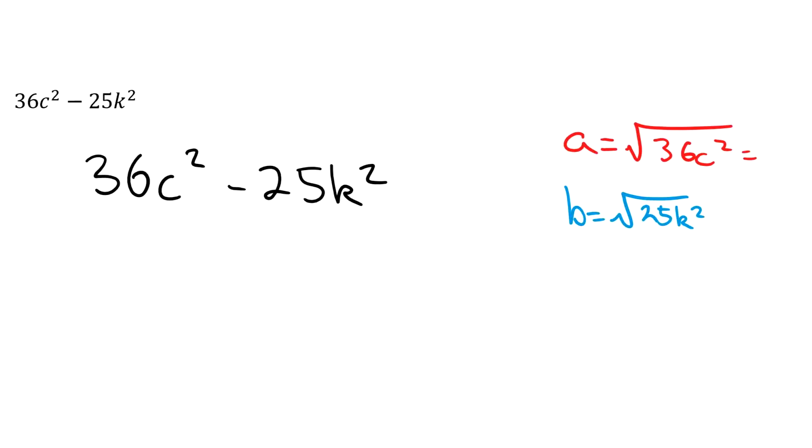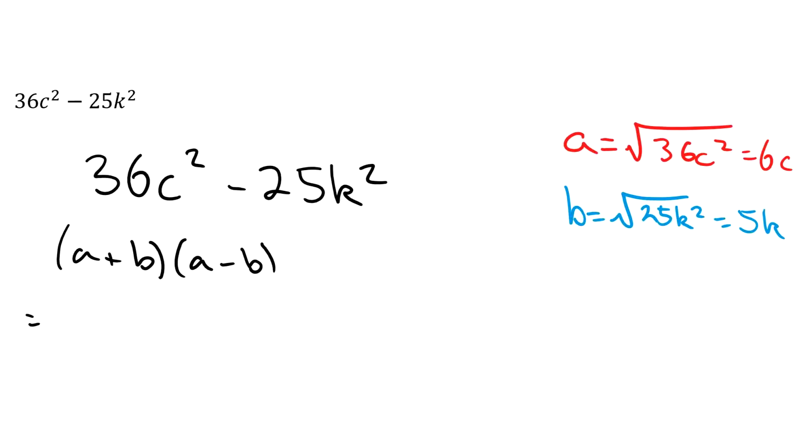The square root of 36 is 6, the square root of c squared is c, the square root of 25 is 5, the square root of k squared is k. So that's my a's and b's. Our formula states a plus b, a minus b, so I can just substitute these in. We have 6c plus 5k, 6c minus 5k.